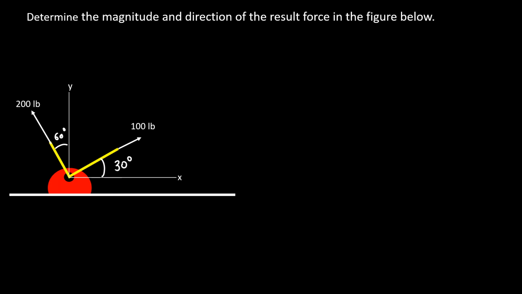So we're gonna start by calling this force F1 and this other force F2. I know my force F1 has an angle of 30 degrees with my horizontal axis, so we can start finding the components.